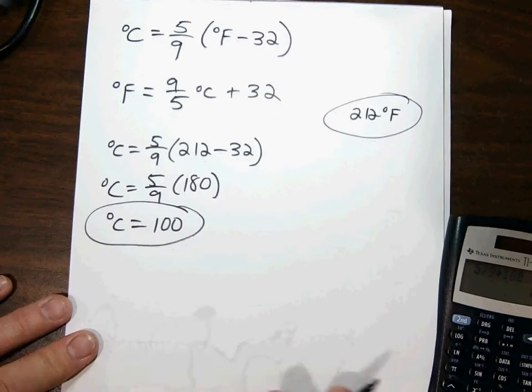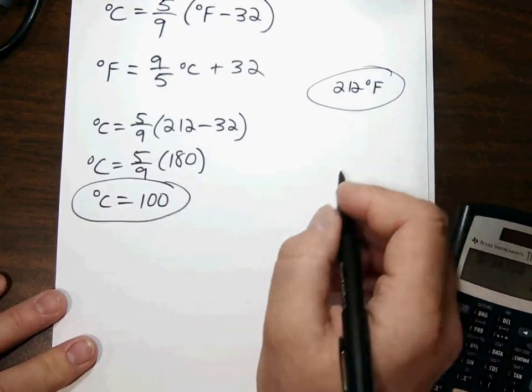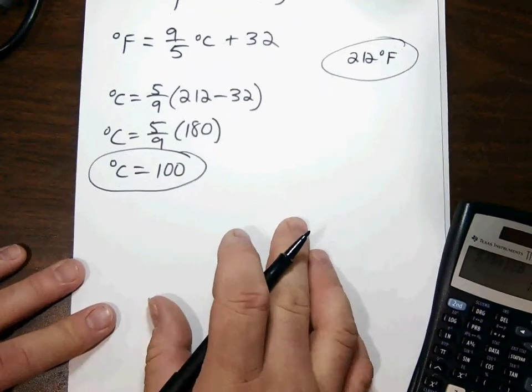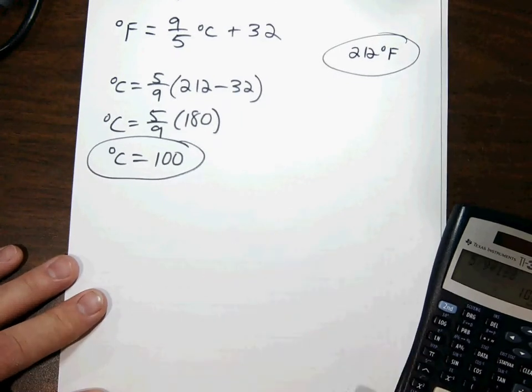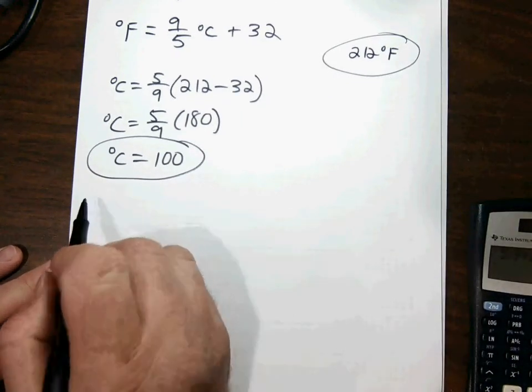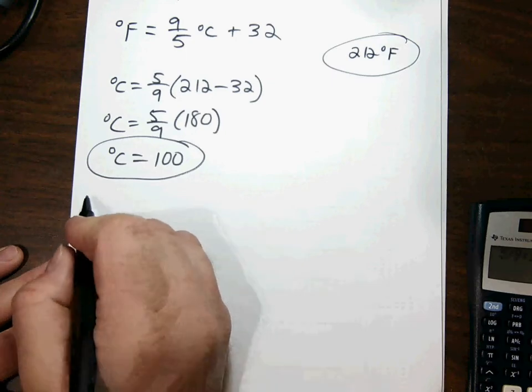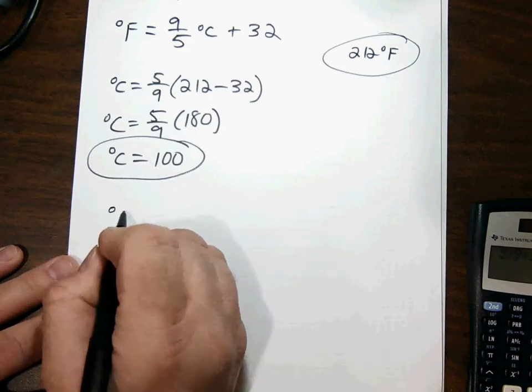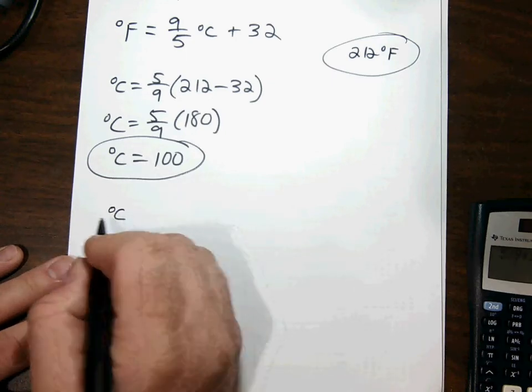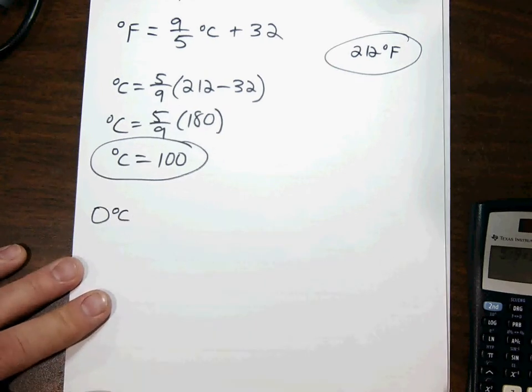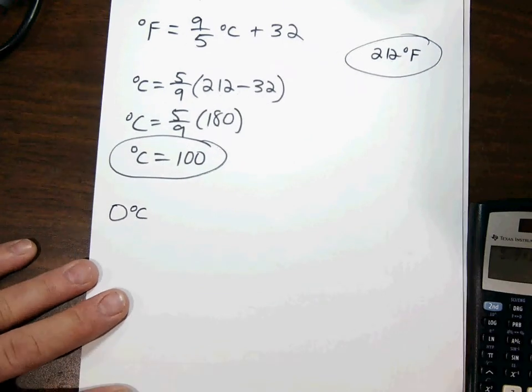How about the freezing point of water? Let's go backwards and do it the other way. The freezing point of water on the Celsius scale is 0 degrees, and I want to know the Fahrenheit temperature. Now we know the freezing point of water is 32, but let's calculate it.